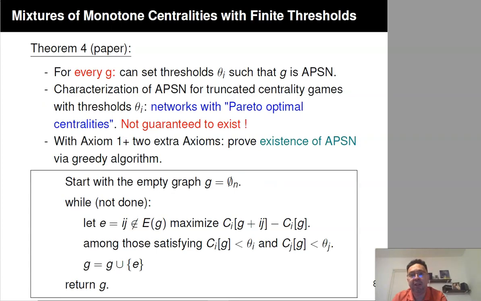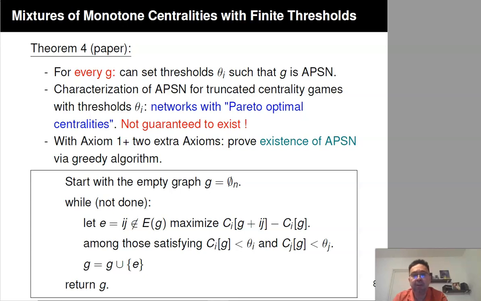The picture changes significantly when adding finite thresholds, in that for every graph, one can set the thresholds such that the graph becomes an APSN. In our result we also give a complete characterization of APSNs for truncated centrality games with thresholds.